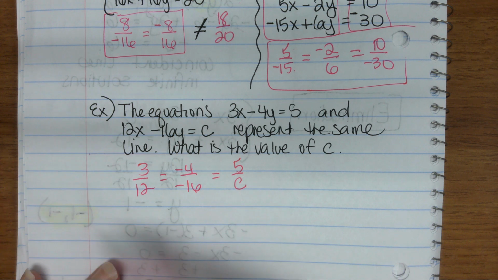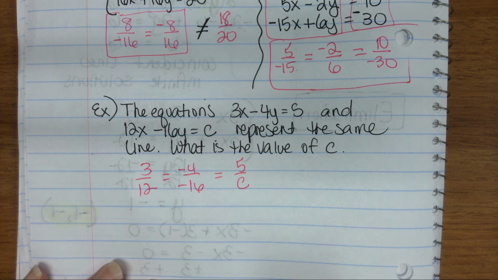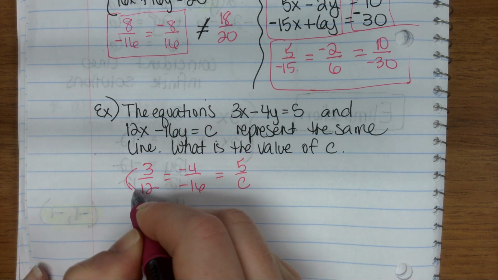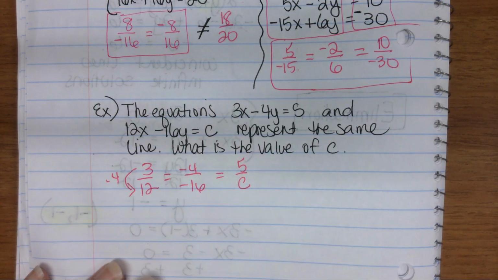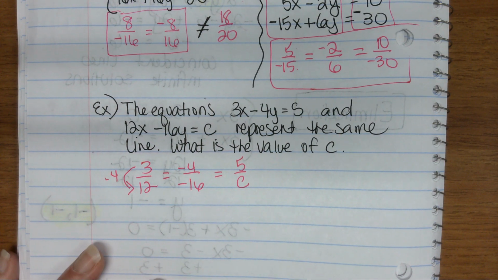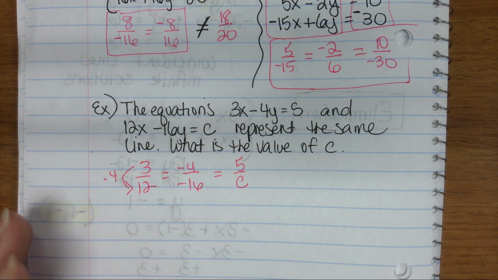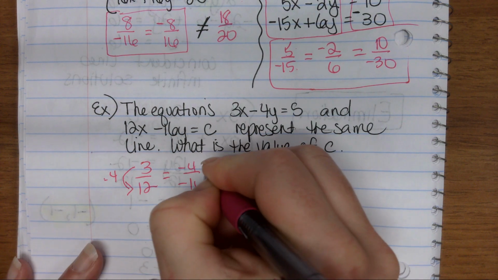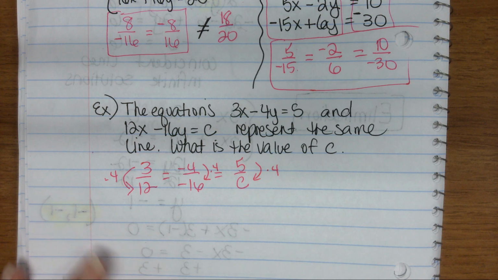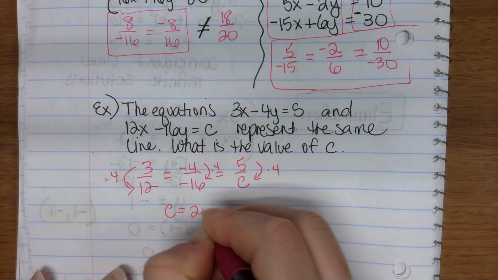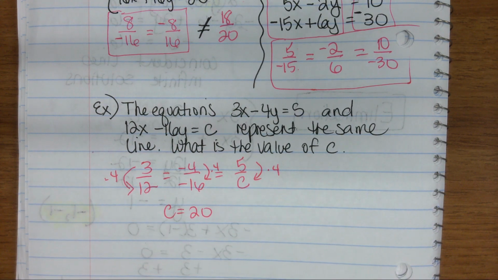What is this being multiplied by? 4. Sometimes it's a weird decimal, so then you might want to do a cross multiplication. If they're all multiplied by 4, then what would c have to be? 20. So that's a very SAT-ish kind of question.